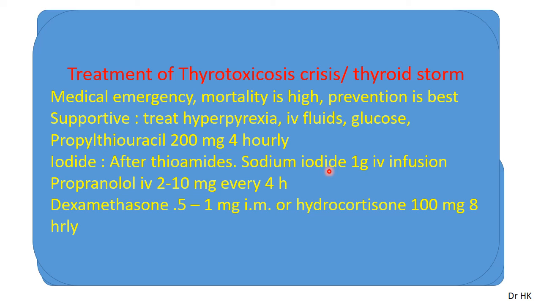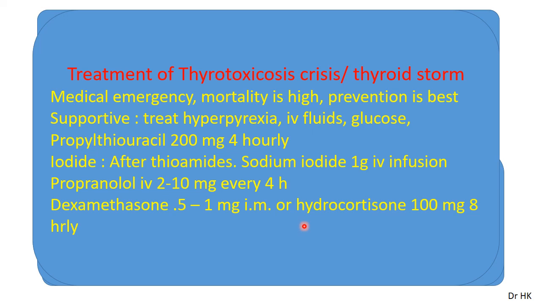These drugs are not given before thioamides because thioamides inhibit thyroid synthesis, and iodide is required for thyroid hormone synthesis. So if you give iodide before thioamides, it can decrease their action. So iodide is given after thioamides.